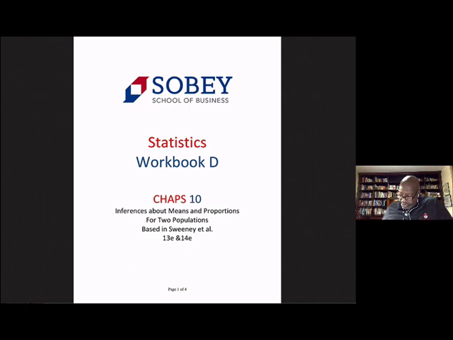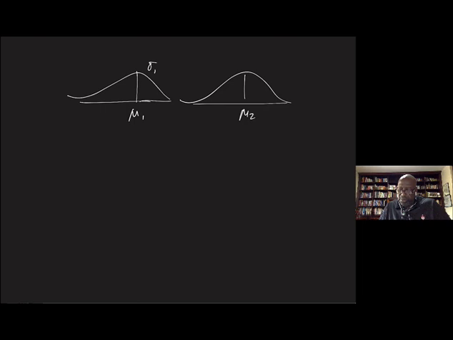All right. So the idea behind this analysis is that sometimes we want to compare two populations, and we are interested in whether or not the means are different from each other, whether or not the mean of one population is more than another. So if we had these two populations right here, one with mean mu1 and standard deviation sigma 1, and another one with mean mu2 and a standard deviation sigma 2.